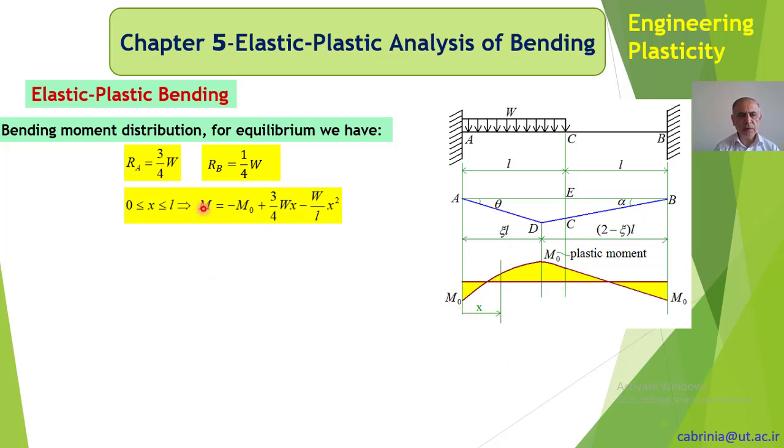If you consider this section, for instance, M is equal to minus MO plus 3/4 of W x. Okay, 3/4 of W x, because we have 3/4 of W as the reaction here, and times x gives us the moment. This reaction is in the direction opposite to this moment, so if you take that minus, that's positive, and minus W over L times x squared.